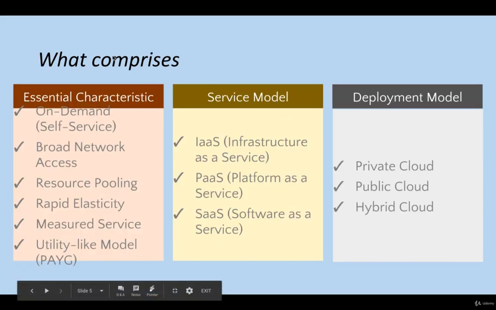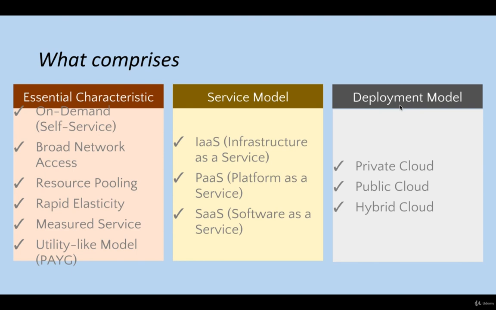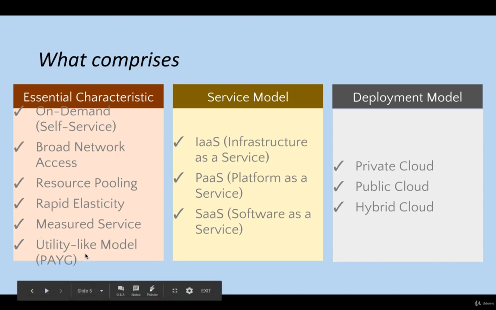So what comprises cloud computing, right? Like I said, those five characteristics, service models and deployment models. So what are those five essential characteristics which a CSP, cloud service provider like AWS, Azure or GCP, needs to have in their infra? On-demand self-service, broad network access, resource pooling, rapid elasticity, and measured service. You can check for the utility-like models on the internet also, to see what exactly it is.